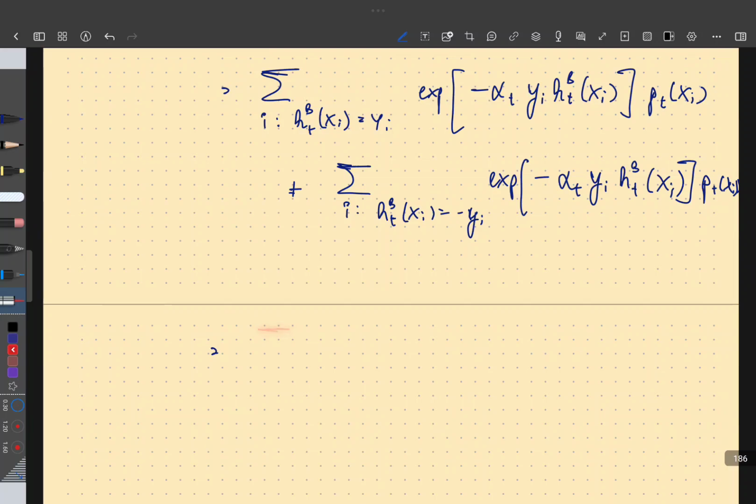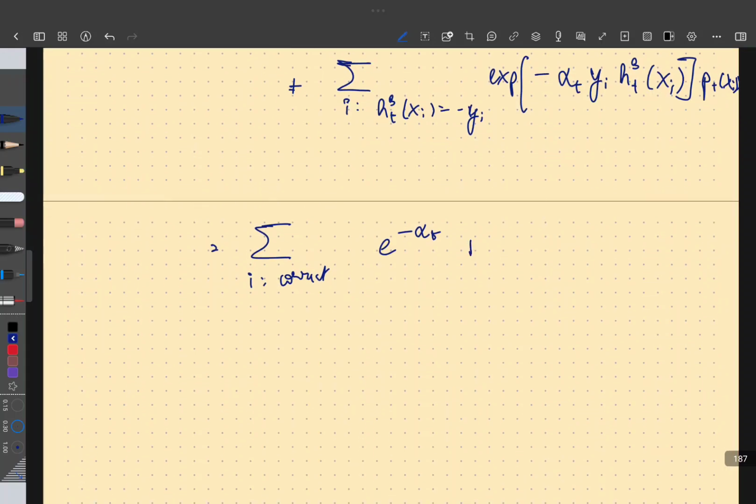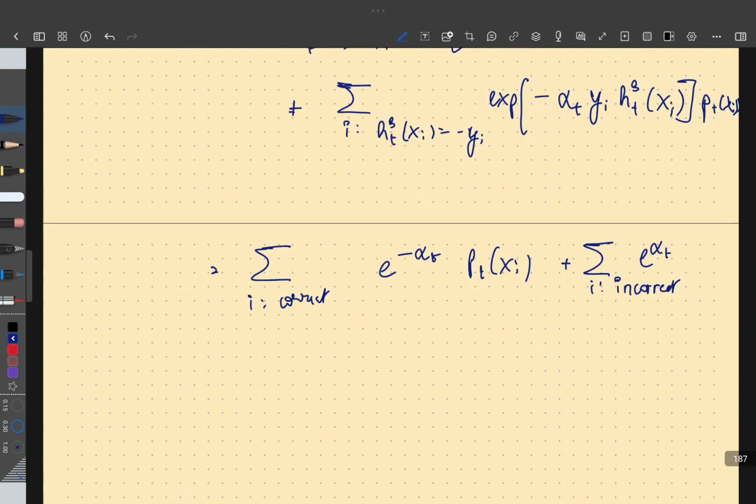So this is simply summation over all i that were classified correctly, e to the power minus alpha t p t of x i, plus summation over all i which were incorrectly classified, e to the power plus alpha t times p t of x i. But I can take e to the power minus alpha t outside because it's independent of i, right?